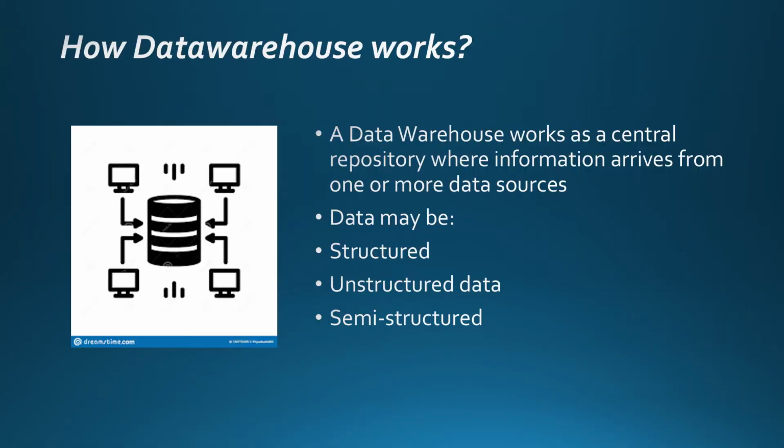How does a data warehouse work? A data warehouse works as a central repository where information arises from one or more data sources. Data may come in three forms: structured, unstructured, and semi-structured. I will start with structured data.